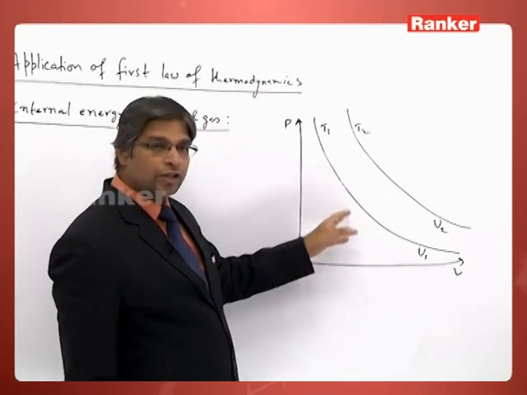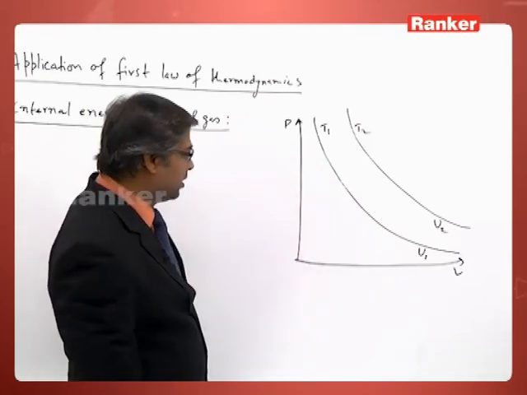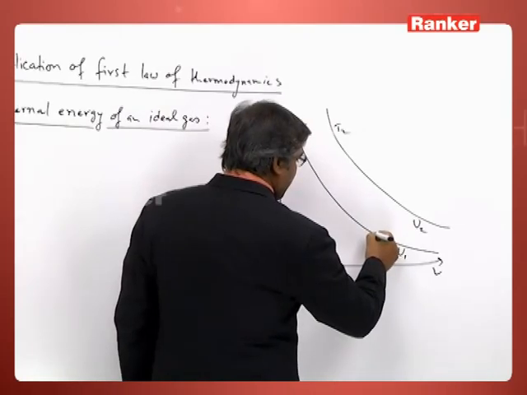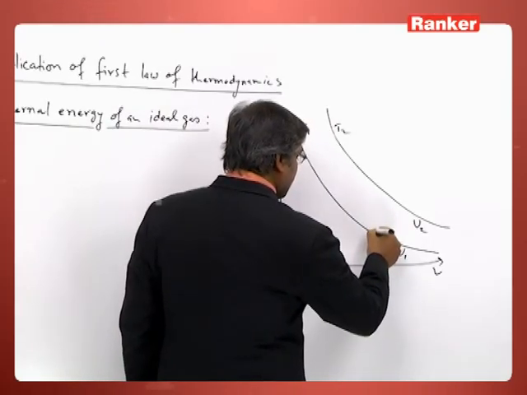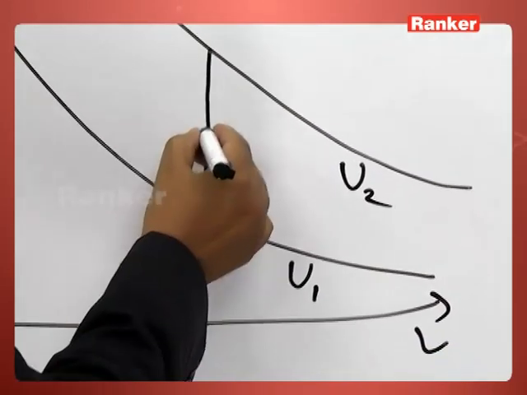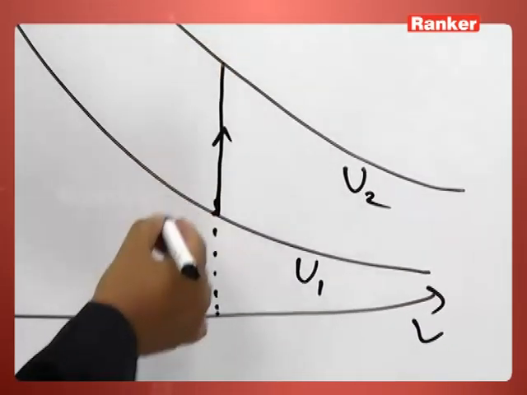But for an ideal gas, since internal energy is a function of temperature according to kinetic theory, if I move from here to here isochorically, this is the isochoric process.